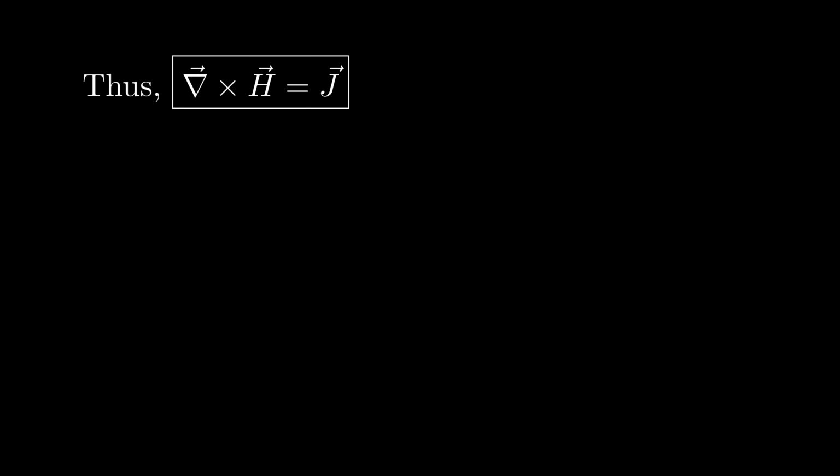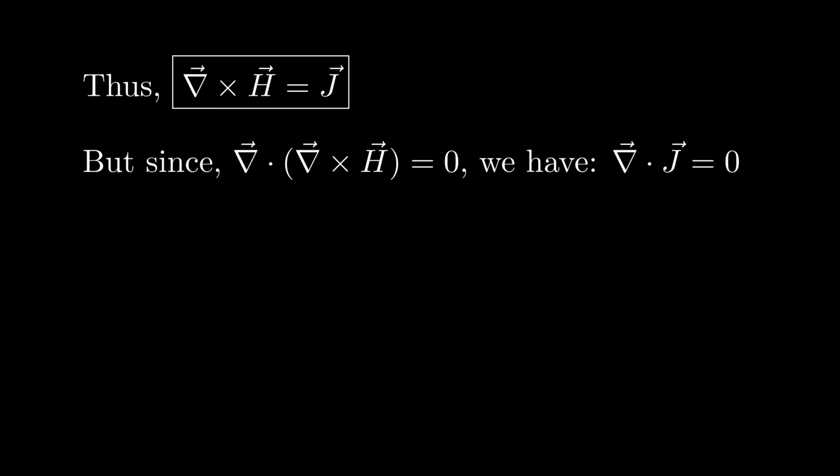But notice that if we calculate the divergence of J, it turns out to be 0, since the divergence of J would be equal to the divergence of the curl of the vector H. But as an identity, we know that the divergence of the curl of any vector is always 0.